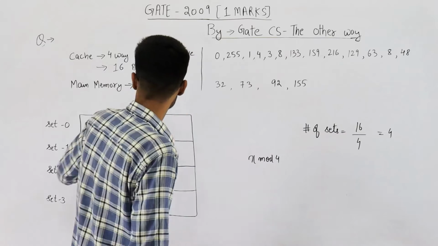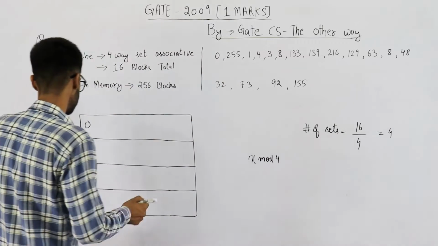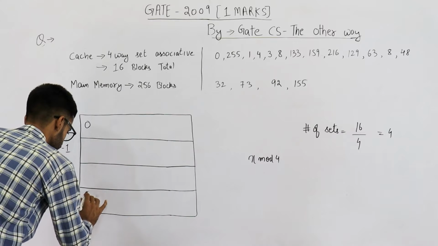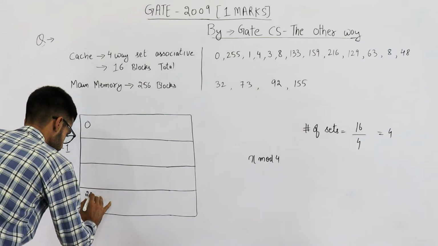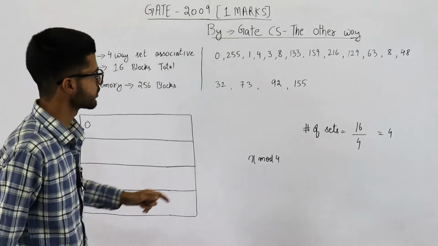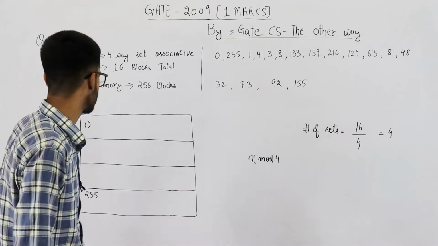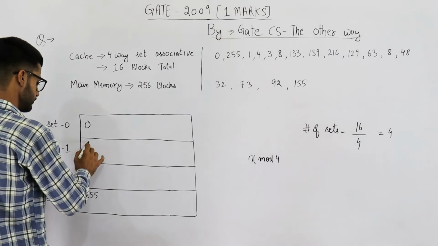0 will be mapped onto set 0. 255 will be mapped onto set number 3. Next one is 1. It will be mapped onto set number 1 because 1 mod 4 is 1.